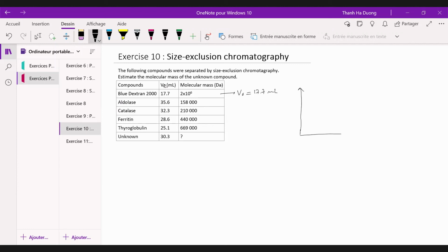As I told you during my lecture, you will have to draw the logarithm of the molecular mass against the ratio between the elution volume and the void volume. So you will obtain a line.